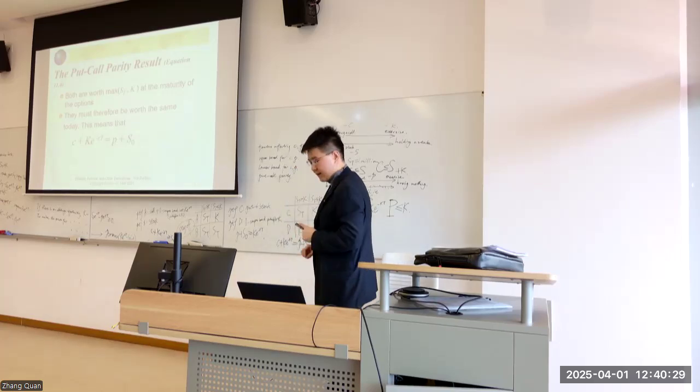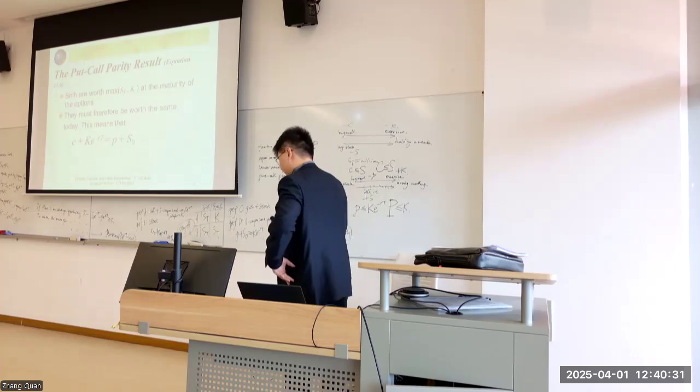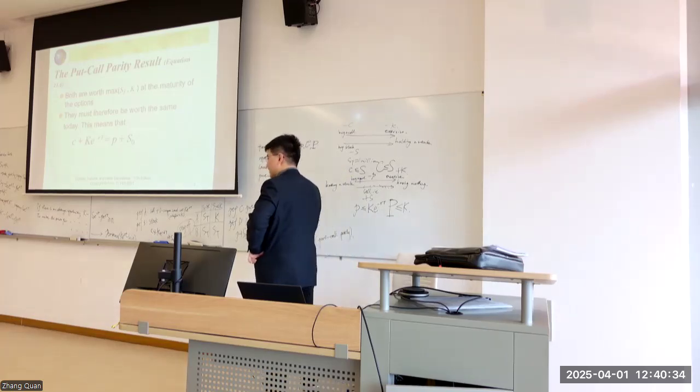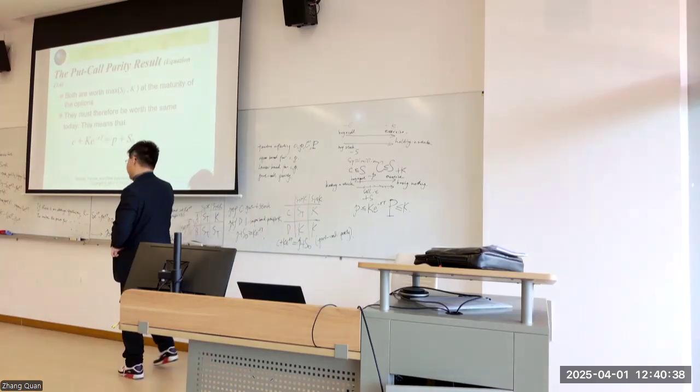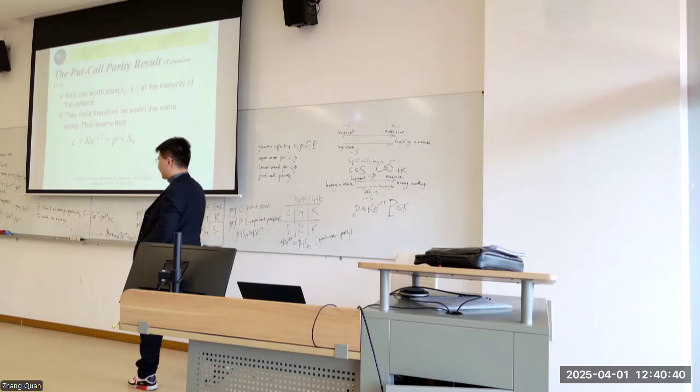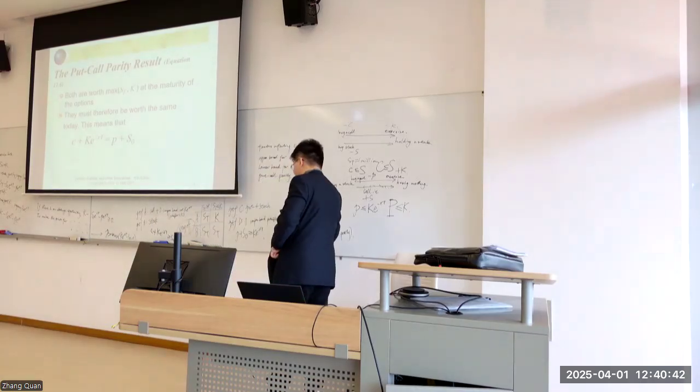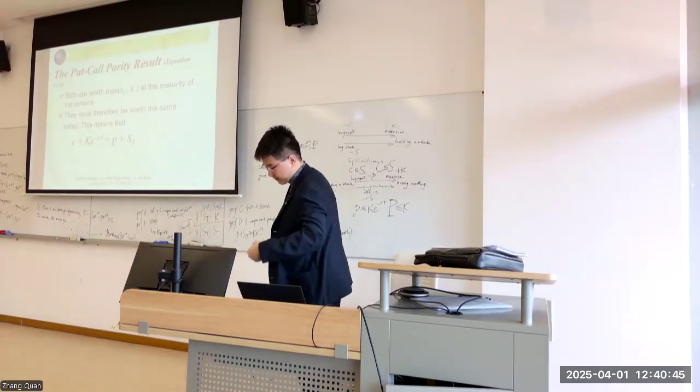Okay, this is one of the very important conclusions we have. This is much easier for us to use when we do arbitrage, right? The inequalities are slightly hard for us to utilize, but the parity is going to be more straightforward.